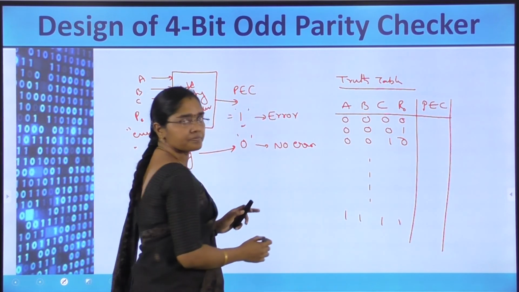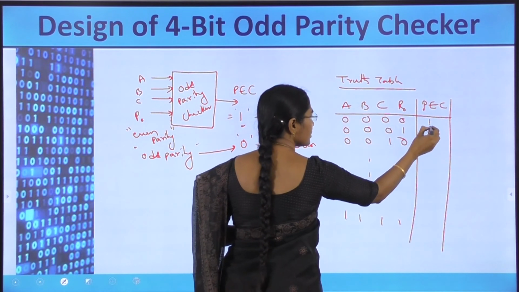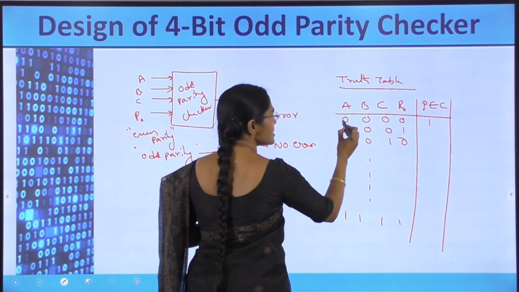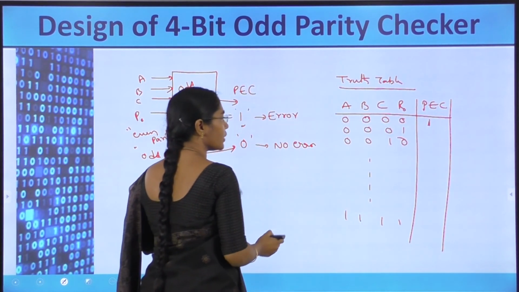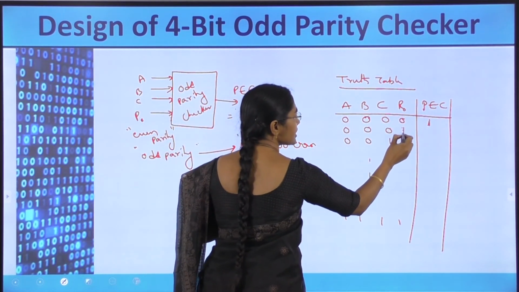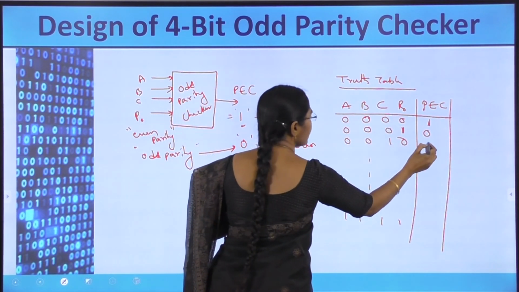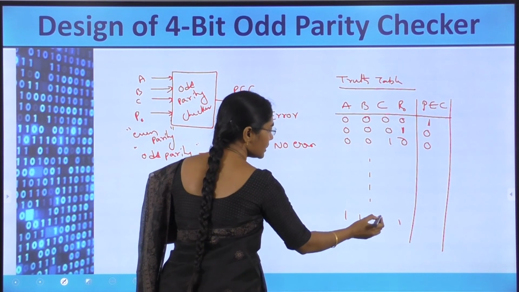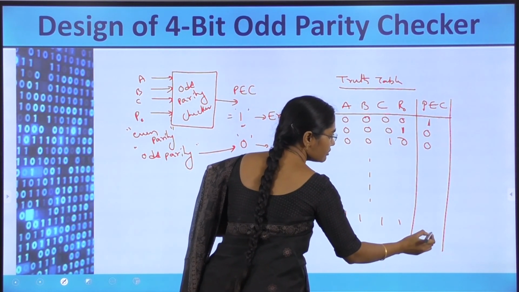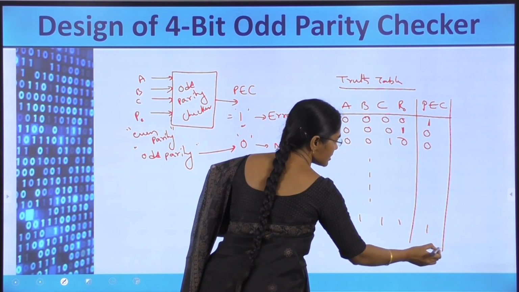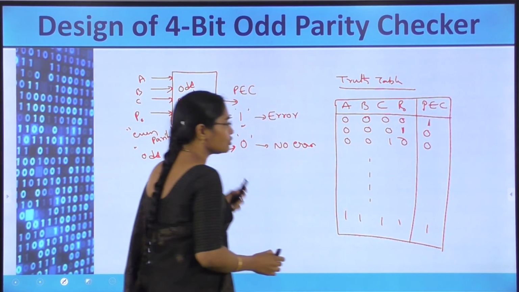Then for the output bit, if the received data has even parity, then output 1. Since in the first case there are no ones, which is an even count, the output is equal to 1. And in the second case a single one is an odd number, so the output is equal to 0. Then the next is also output 0. For the last one, 4 ones, even parity, it should give the output of 1 since it is the error case.